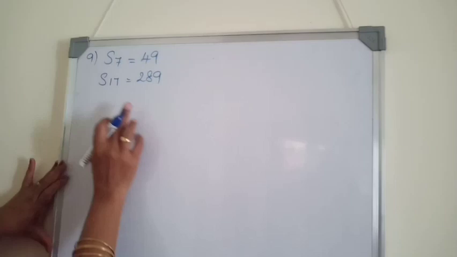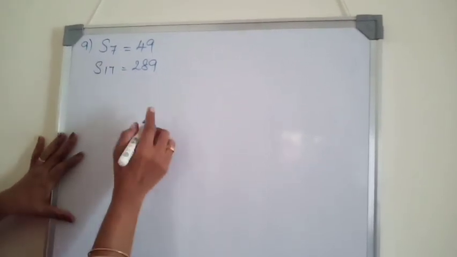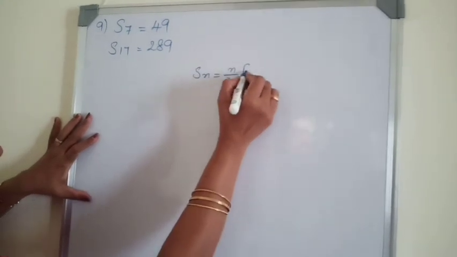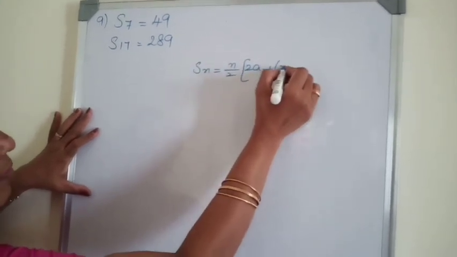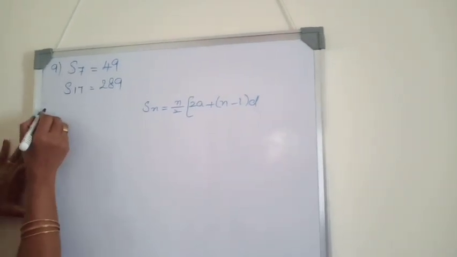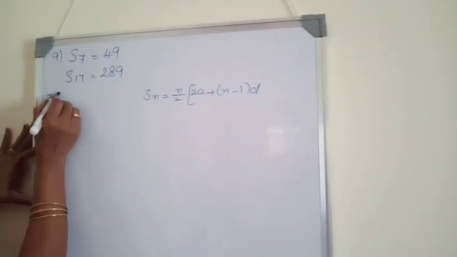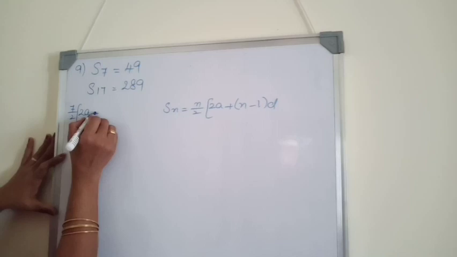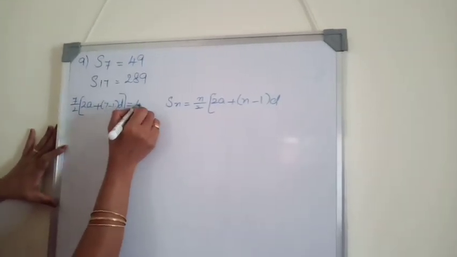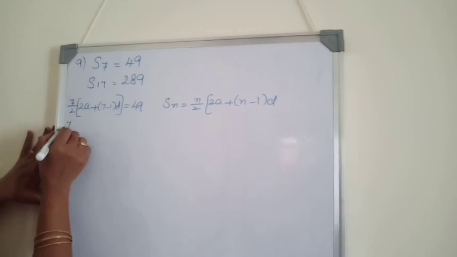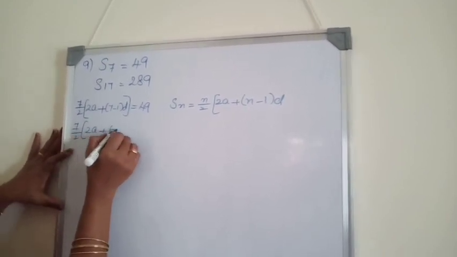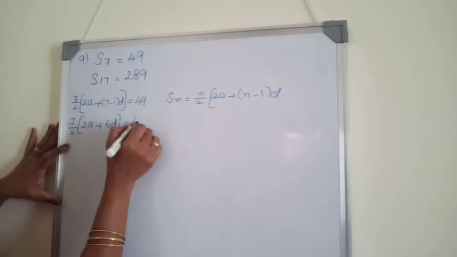So here we will expand this equation. We know Sn is equal to n by 2 into 2a plus n minus 1 into d. So how can we write S7? S7 can be written as 7 by 2 into 2a plus 7 minus 1 into d is equal to 49. 7 by 2 into 2a plus 6d is equal to 49.